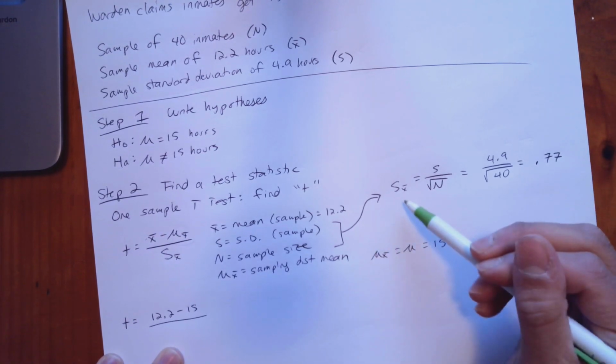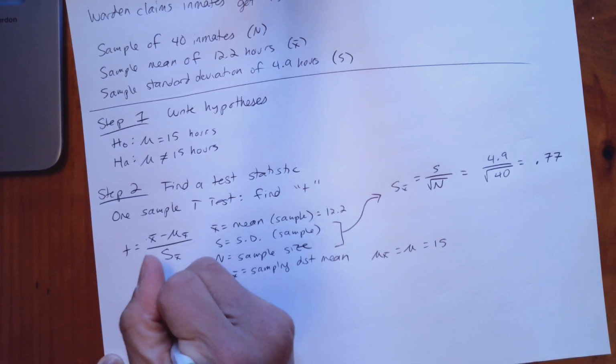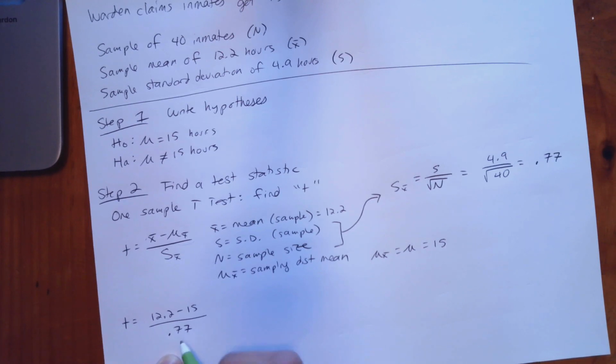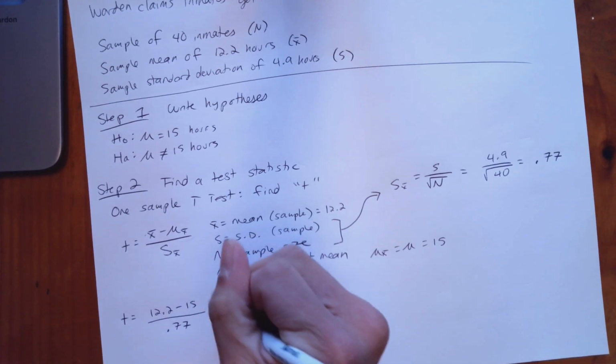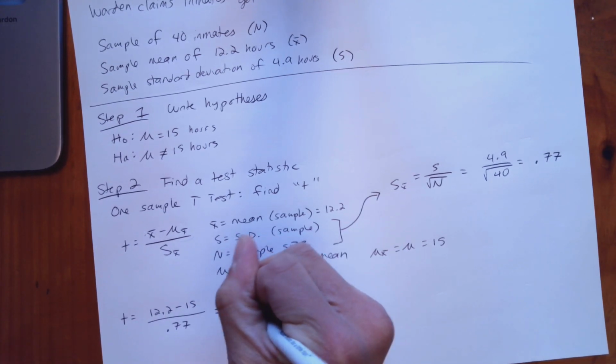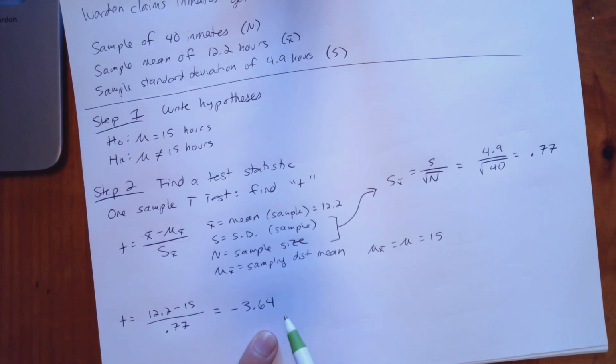And we calculated our sampling distribution standard error to be 0.77, so we're going to plug this in here. Now it's just a matter of subtracting the top, dividing the bottom, and you'll get your test statistic. So the test statistic that we have here is negative 3.64.